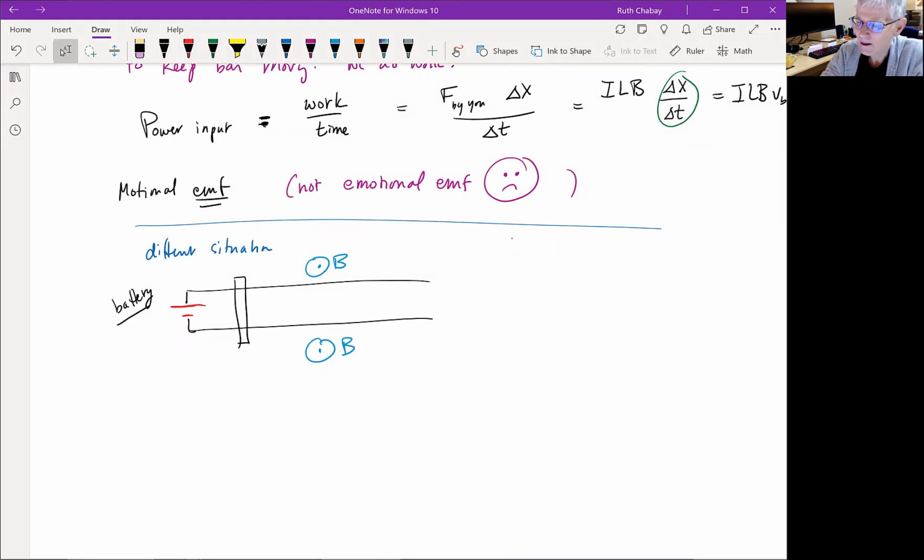So let's see what's going to happen in this situation. We're going to get our clockwise conventional current. Actually, I think I want the battery to go the other way. So we're going to get here a counterclockwise conventional current.